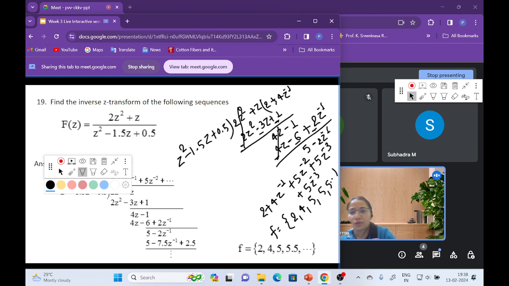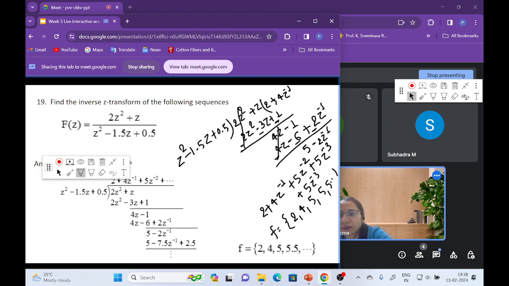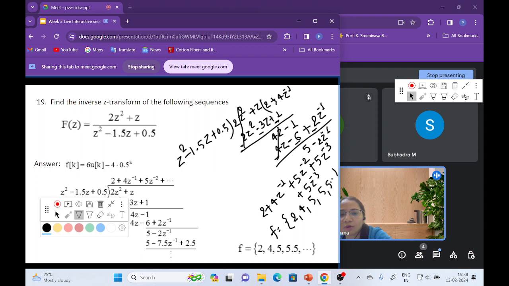And if you want to represent it in the form of f of n or f of k, it is represented by 6 u of k minus 4 multiplied by 0.5 to the power k. To verify this, let's put in values of k and see whether we get these values.